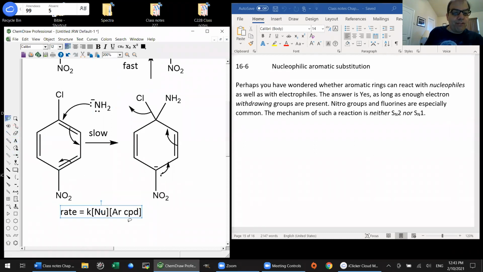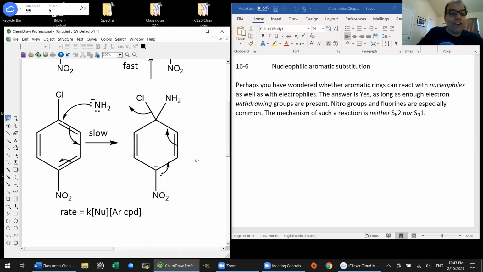So I would be very confident that that's the rate law of this reaction. It's second order, because we see two species involved in the rate determining step. The second step is comparatively fast, and that's not surprising. We're regenerating an aromatic ring. It's a pretty tremendous driving force.